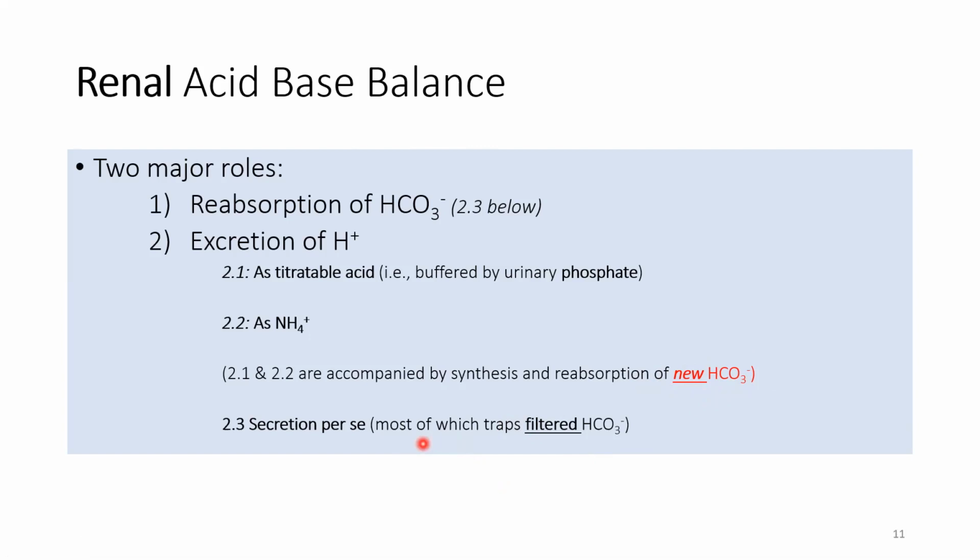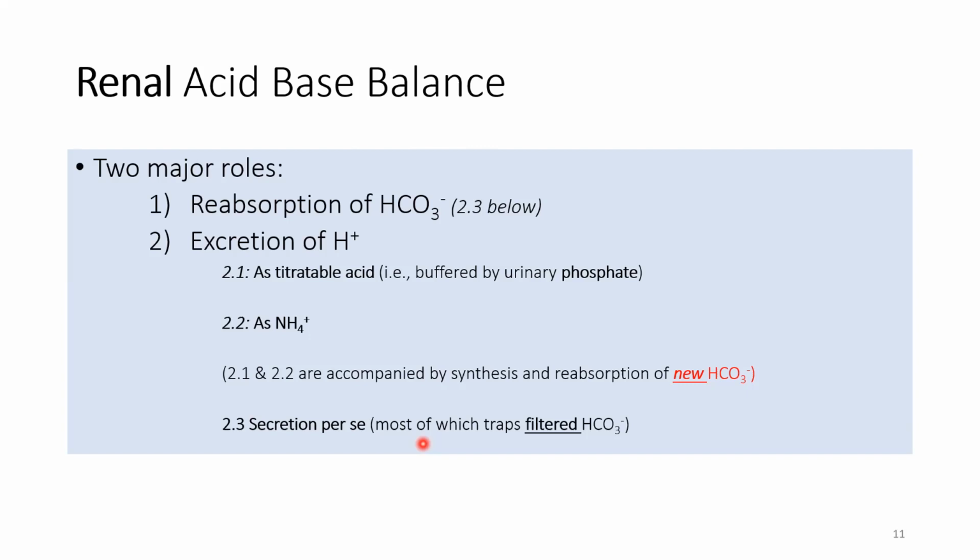So basically GFR per day, as you remember, is 180 liters a day. The plasma bicarbonate is 24 milliequivalents per liter. You multiply this and you get a big figure, 4,320 milliequivalents of bicarbonate a day is the filtered load of bicarbonate.